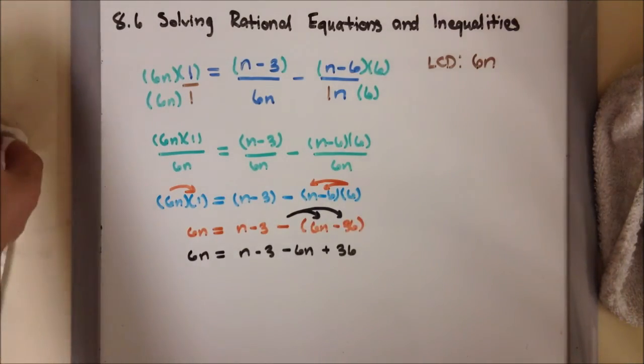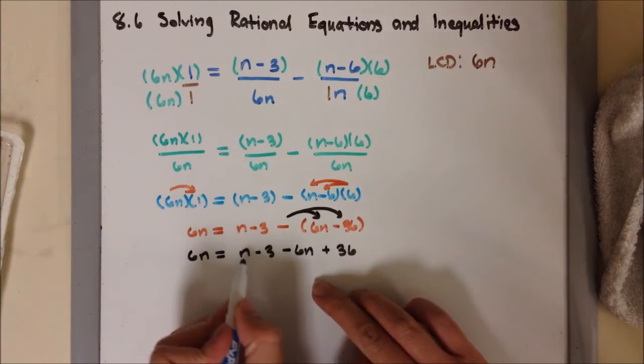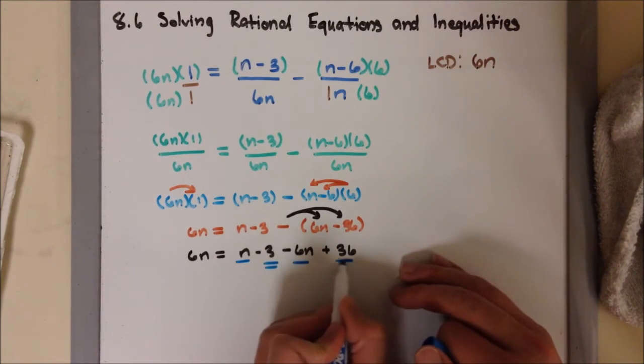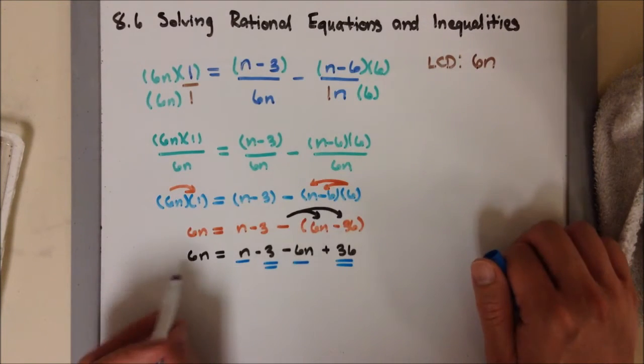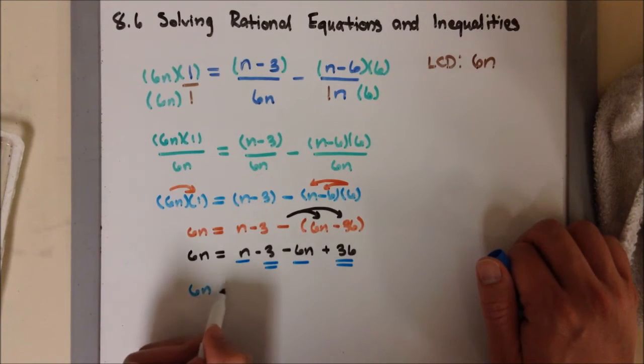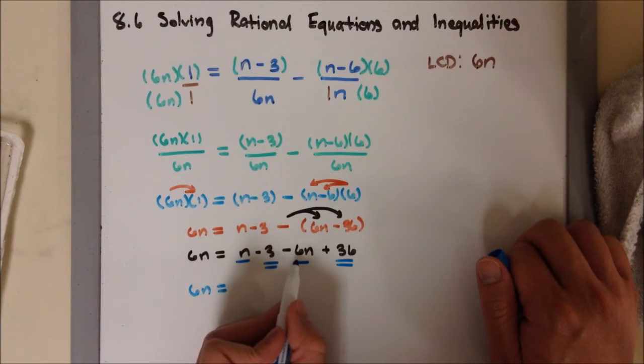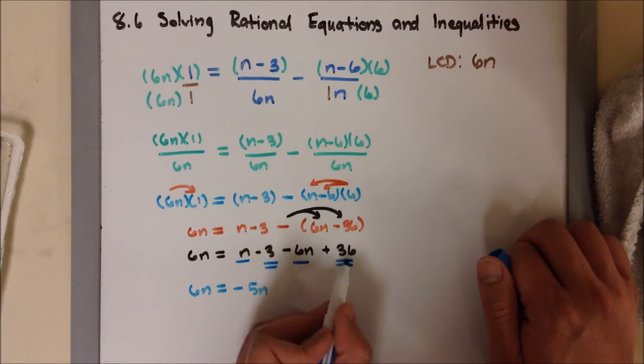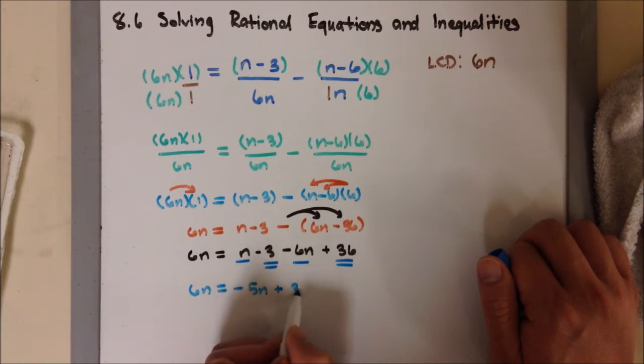On the right side, I have multiple n's and multiple numbers, so I want to combine like terms. n minus 6n will be negative 5n, and negative 3 plus 36 will be positive 33.